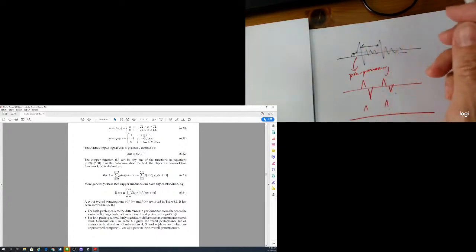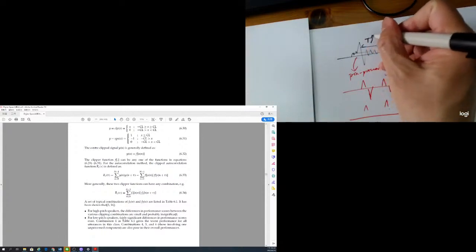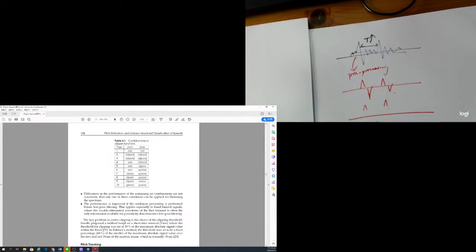High pitch speakers may not see a big difference. Low pitch sometimes makes a bigger difference, because you remove some redundant, small noise, and then the overall performance becomes better.